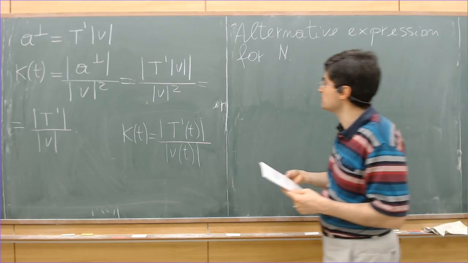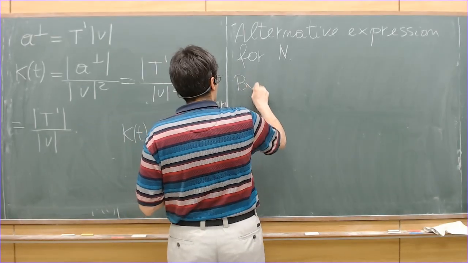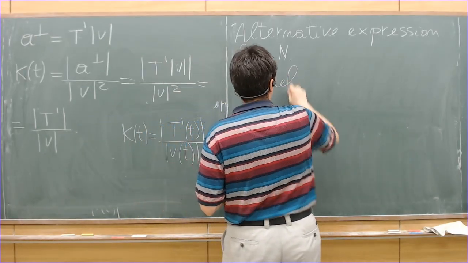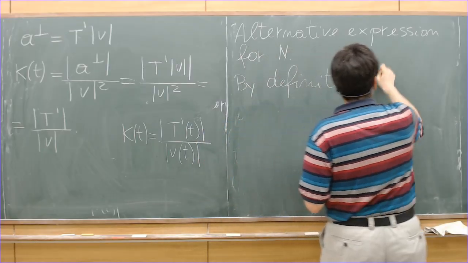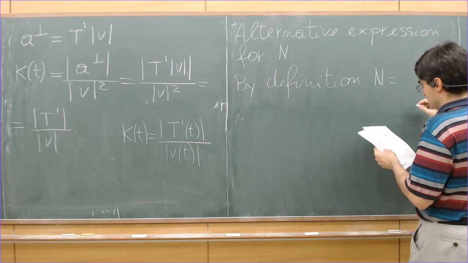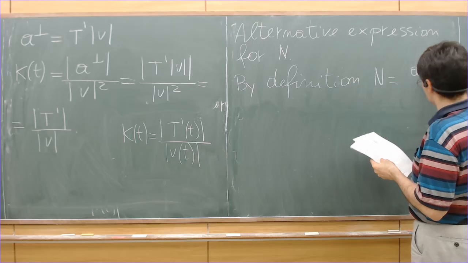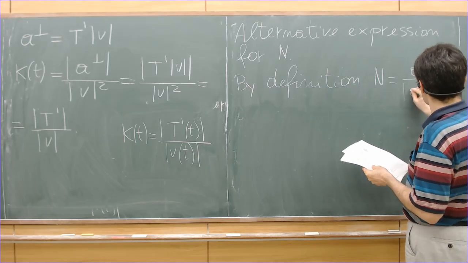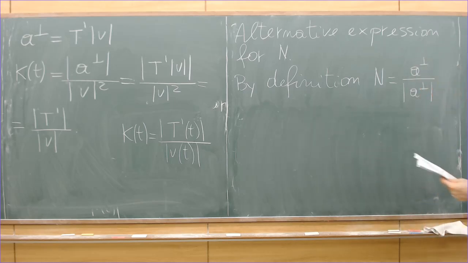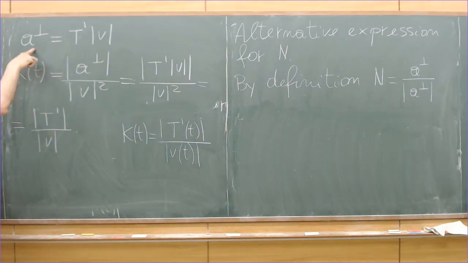By definition, we have that n is a orthogonal divided by its length, but a few minutes ago we found another formula for a orthogonal.